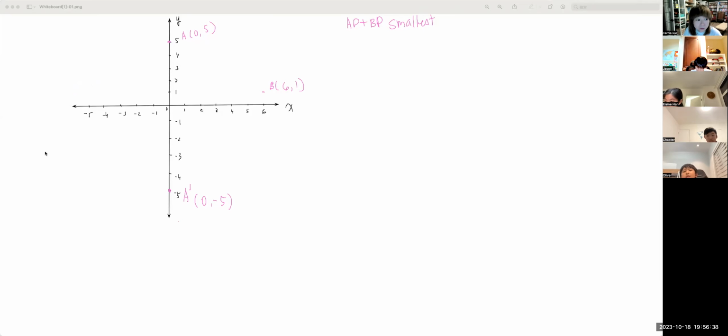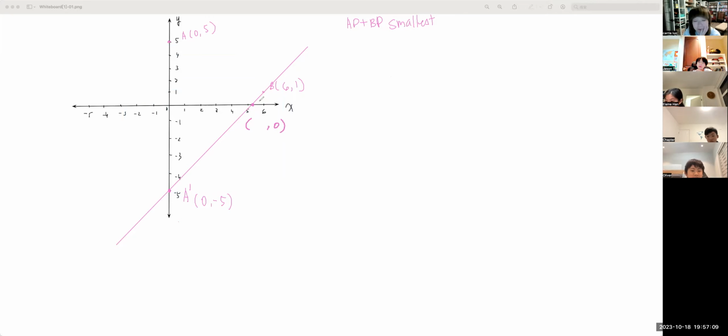Now the second thing we're doing is connecting A' and B. Connect that, and our P is actually located here, which is something and 0, correct?